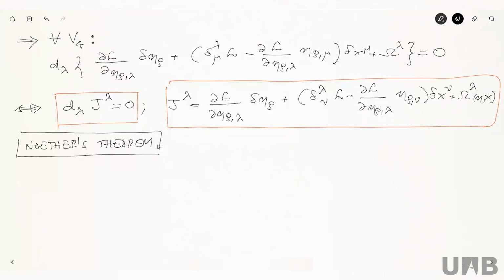So now we're going to see how this thing leads to a conservation. It's actually a conservation law, okay? And in order to see that, we don't need the explicit expression for J. We just need to see that d lambda J lambda is the same as d0 J0 plus di Ji, by definition, right? Because we are summing over 0, 1, 2, 3. So 0 and 1, 2, 3. Okay?